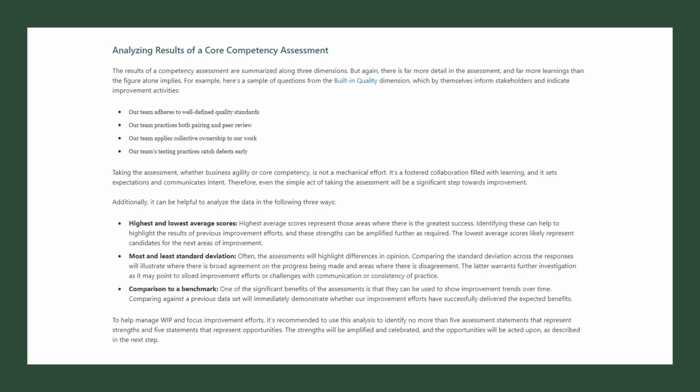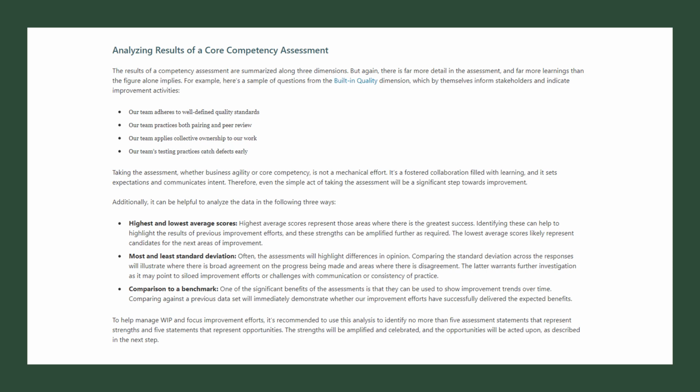For example, here's a sample of questions for the built-in quality dimension, which by themselves inform stakeholders and indicate improvement activities. Our team adheres to well-defined quality standards. Our team practices both pairing and peer review. Our team applies collective ownership to our work. Our team's testing practices catch defects early.